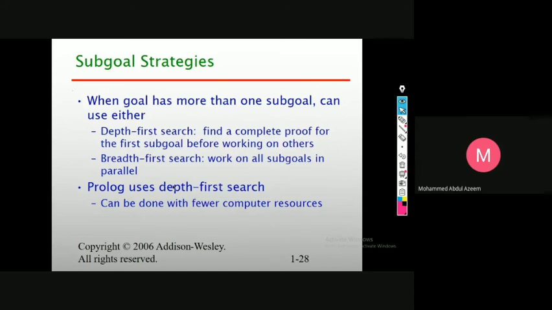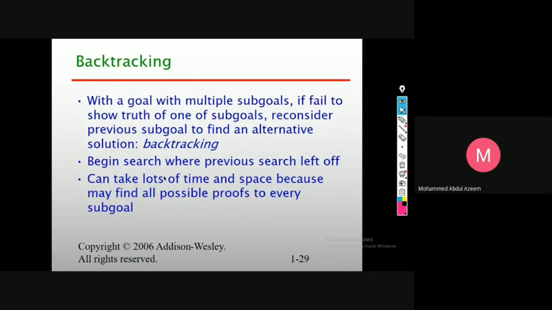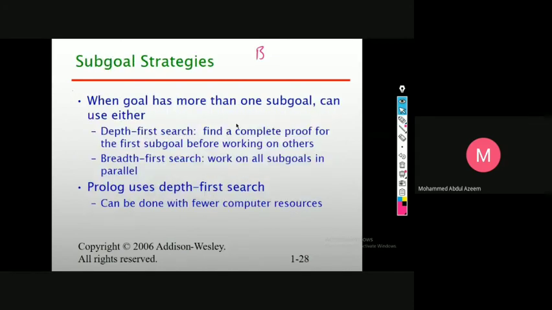So that's exactly depth first. In depth first search, backtracking will take place, right? I'll give you an example here. In breadth first search, for example, you have one node.